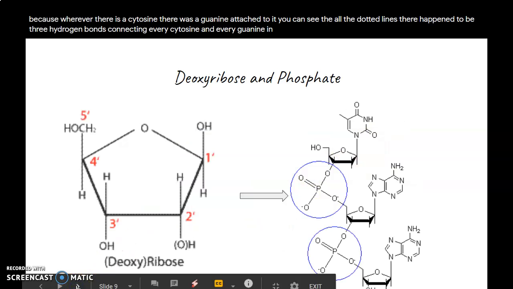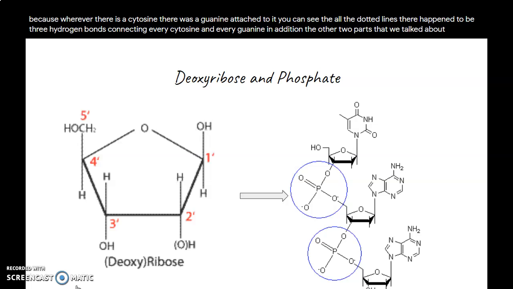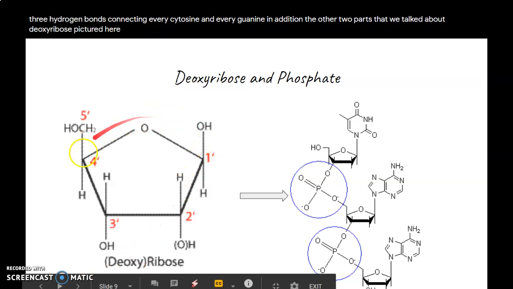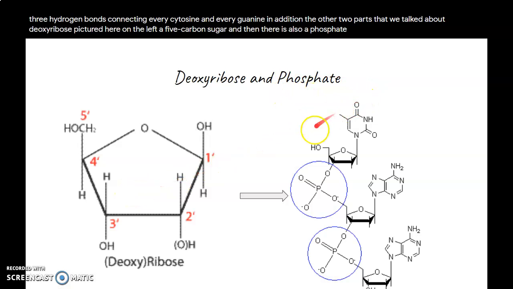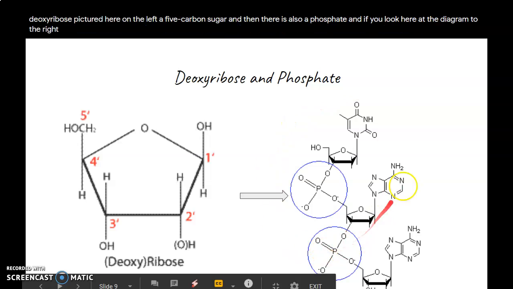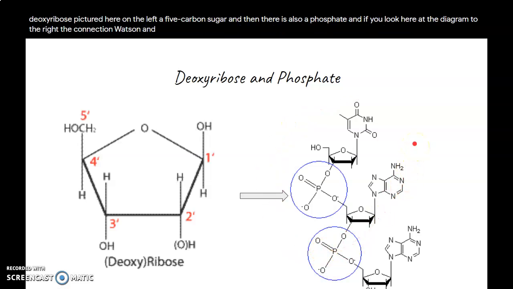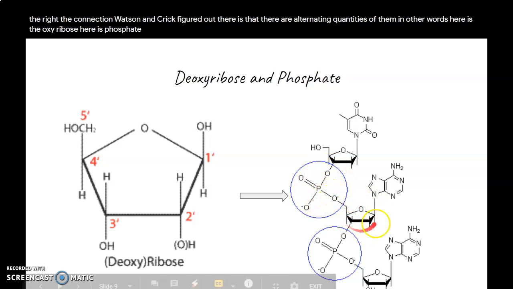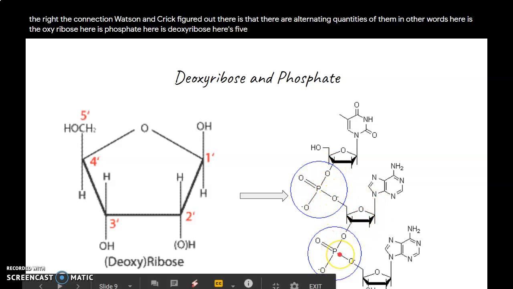In addition, the other two parts that we talked about: deoxyribose, pictured here on the left, a 5-carbon sugar, and then there is also phosphate. And if you look here at the diagram to the right, the connection Watson and Crick figured out there is that there are alternating quantities of them. In other words, here is deoxyribose, here is phosphate, here is deoxyribose, here is phosphate.